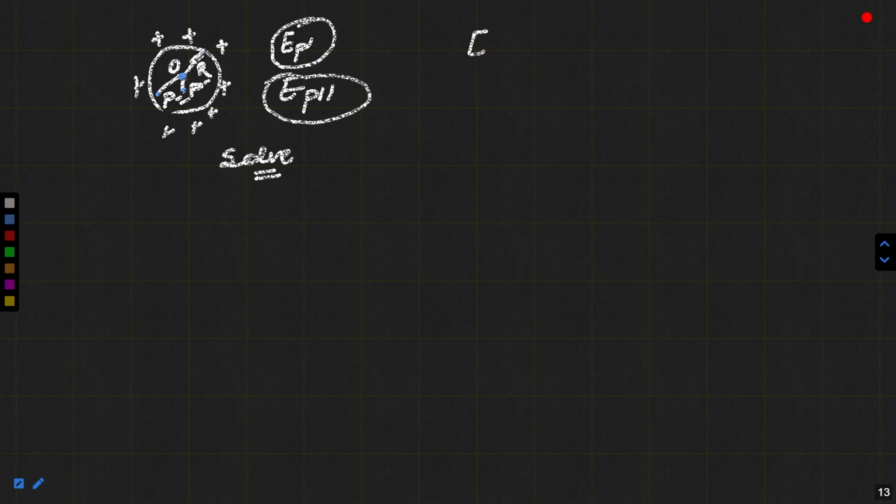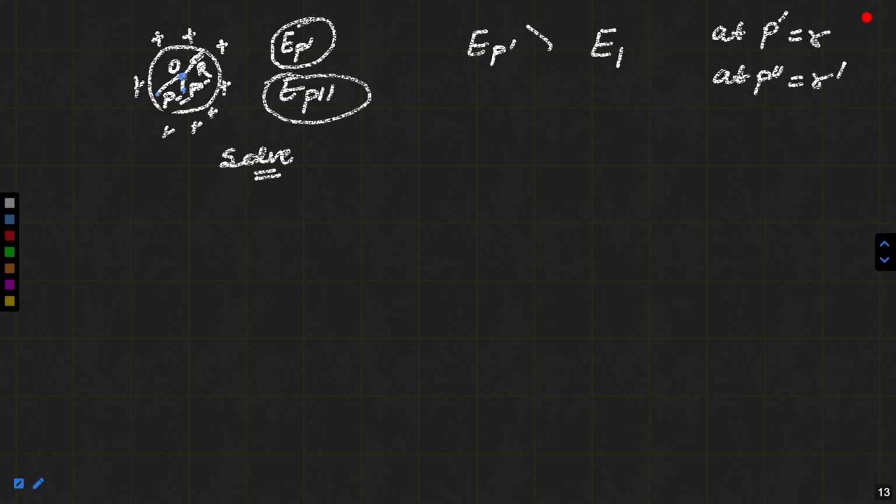If we talk about the radial distance, from the origin to point P prime is equal to R, and from the origin to point P double prime is R prime.